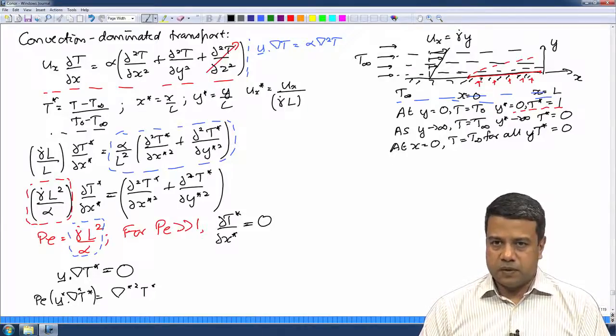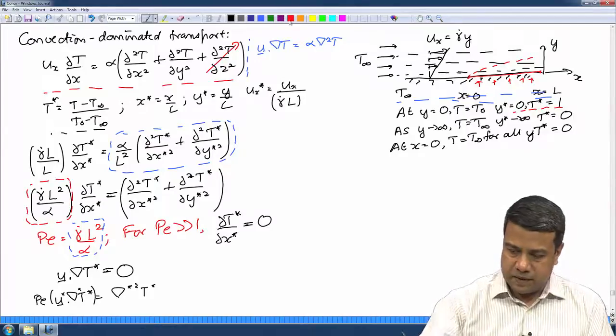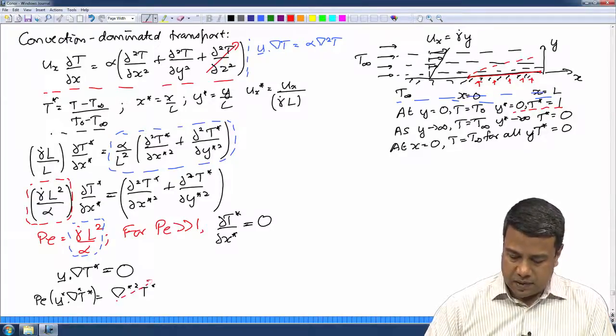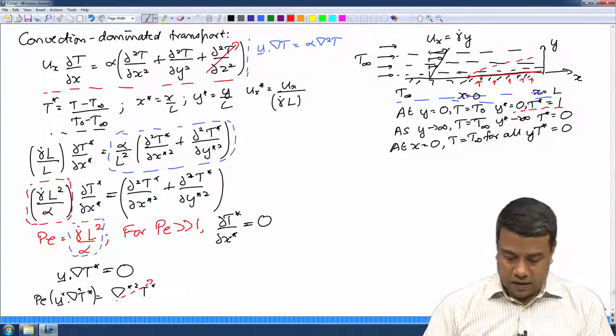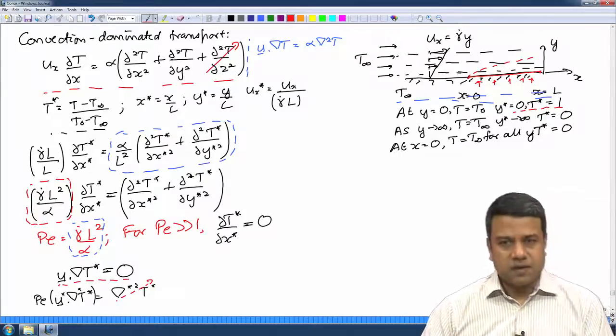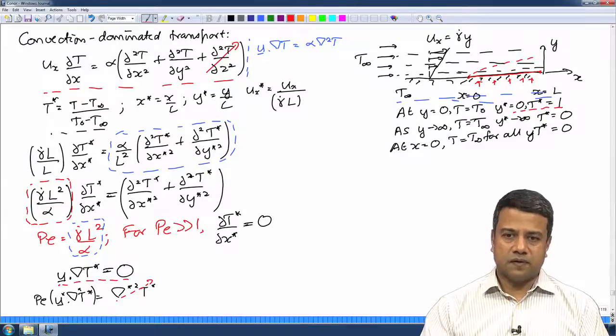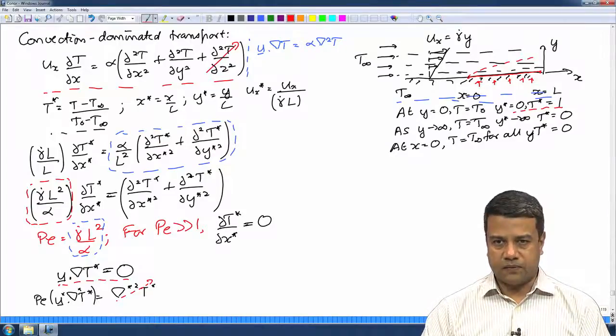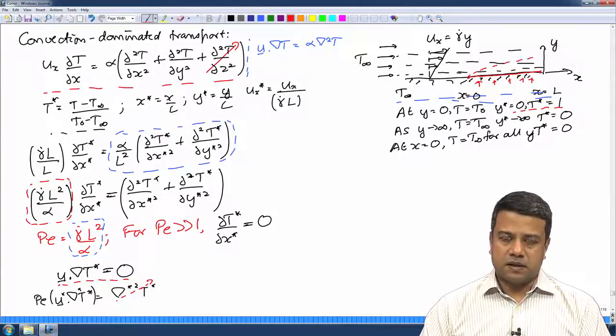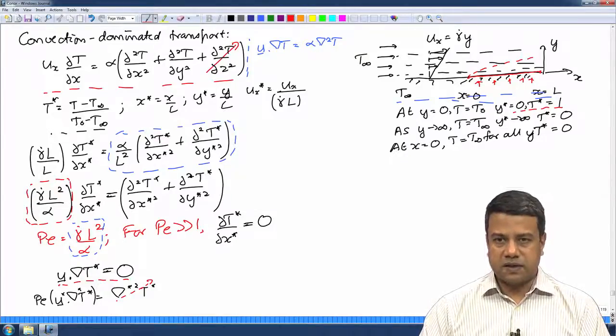If the Peclet number is large, you might expect that you can neglect this term altogether, and then you will get an equation which basically tells you that the gradient of the temperature dotted with the velocity is equal to 0, which means there is no variation in the temperature along the velocity vector or along the fluid streamlines.